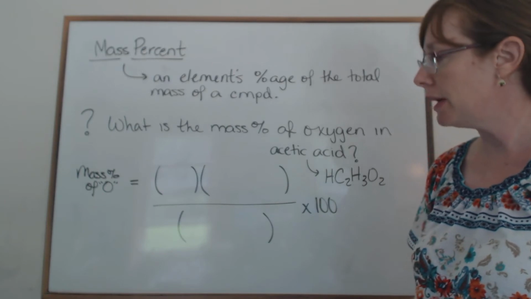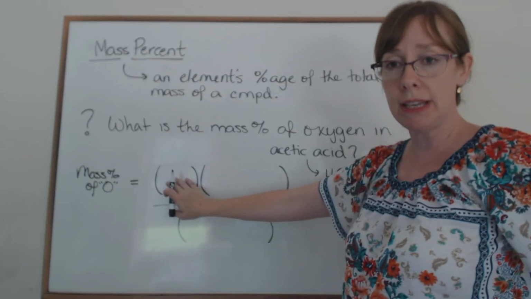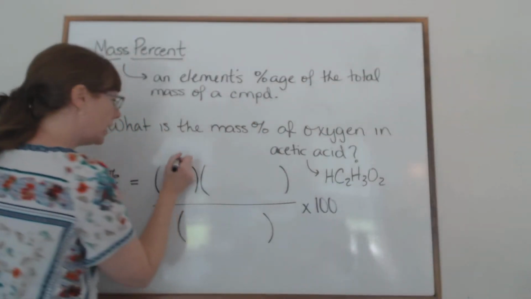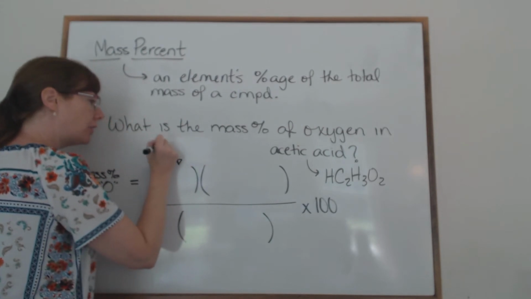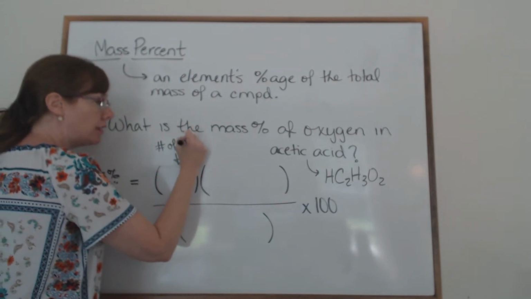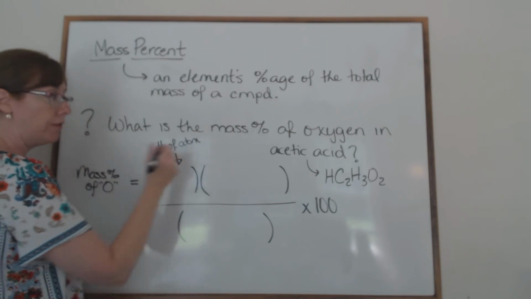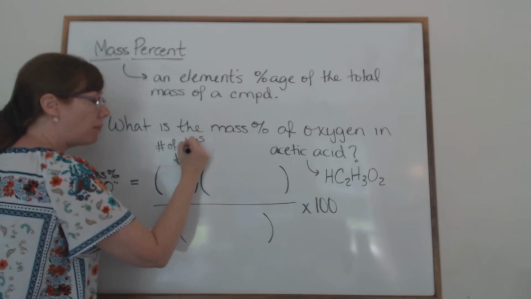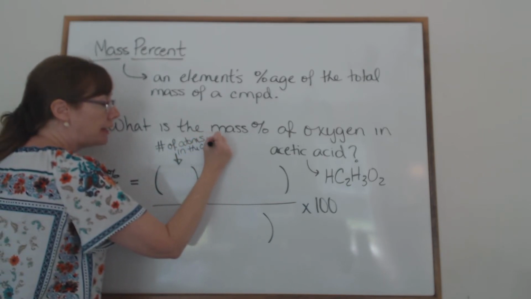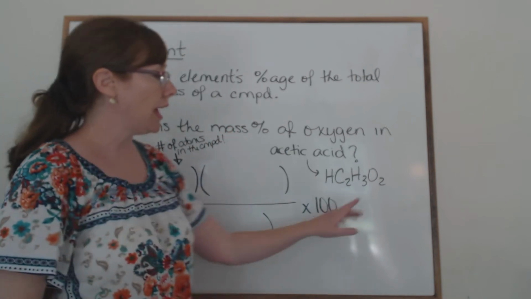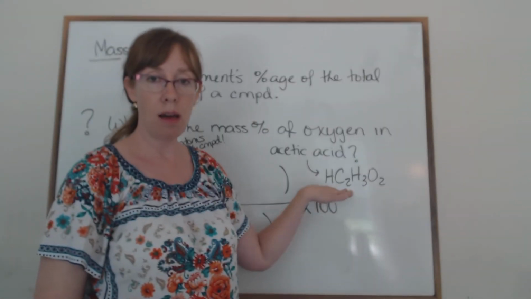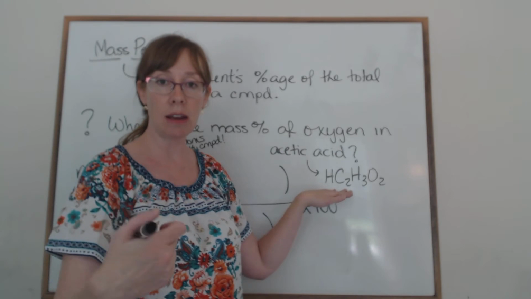So how do you do it? The first number is an integer, and what goes here is the number of atoms of whatever element you're focused on in the compound. You just look at the compound formula and count how many oxygen atoms there are.